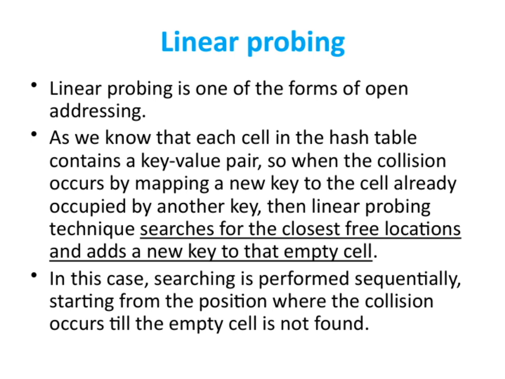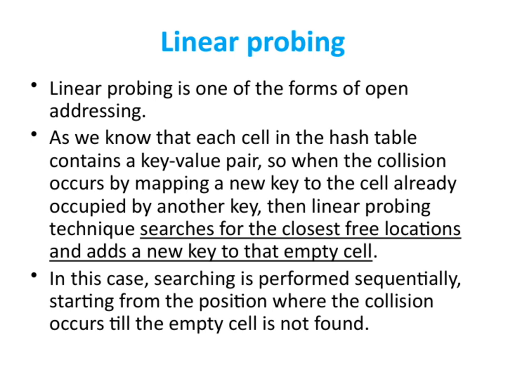This searching process is straightforward but important to understand. It's a linear, or sequential, search that continues until an empty slot is located. The key idea here is that linear probing keeps things simple by probing linearly, which means it checks the next cell in line, then the next, and so on, until it finds a free space.